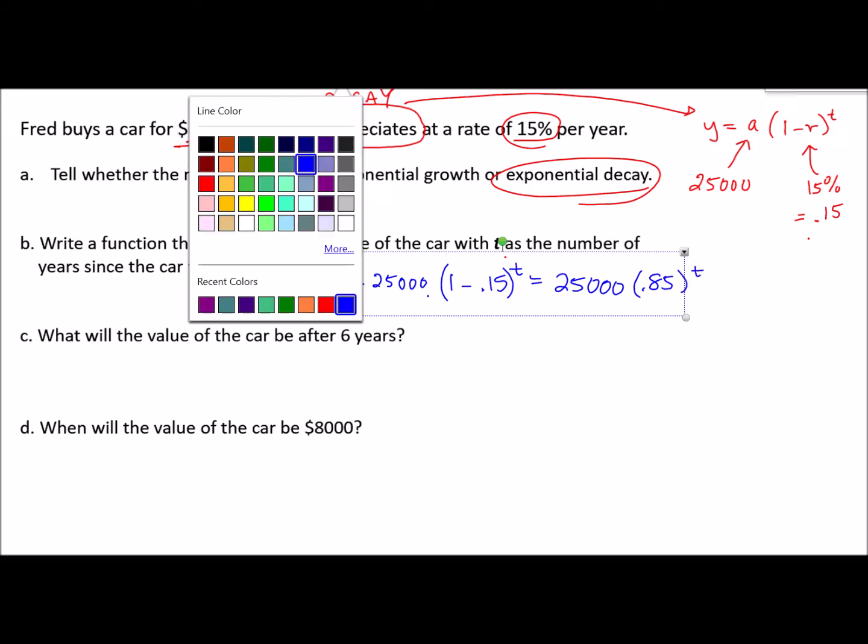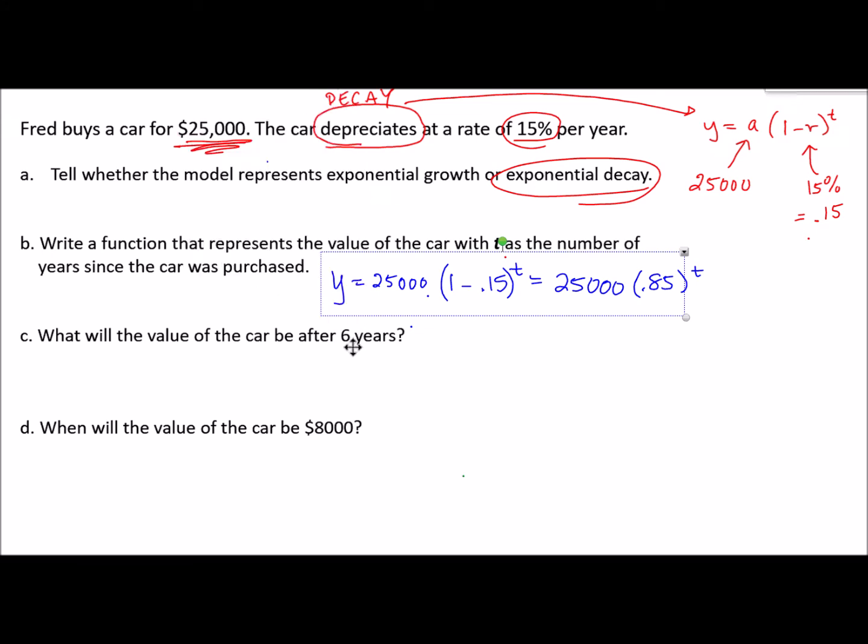Okay, now it asks what will the value be after 6 years? That's a time. That means t equals 6. So we're going to plug that into our formula. 25,000 times 0.85 to the t, but t is now 6. And that is 9428.74.